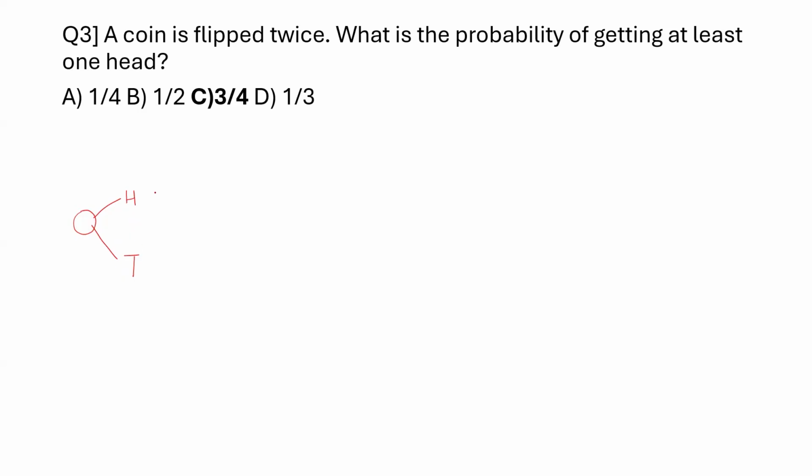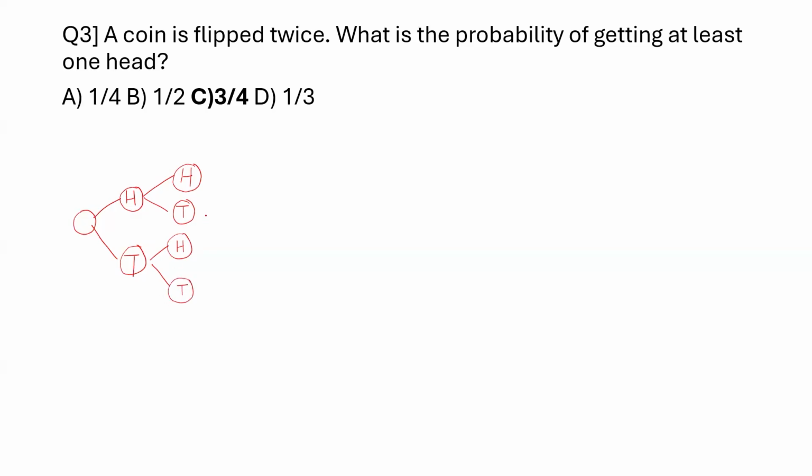And now because you are flipping a coin twice, again, if you flip a coin, you can expect, so let's say this is a coin, this is a coin. When you flip this coin, it lands on heads. And once it lands on heads, again you are flipping it. So again, you have two possibilities, heads or tails. Similarly, if the first flip lands on tail, you have two possibilities, heads on the second flip, or tails, right?